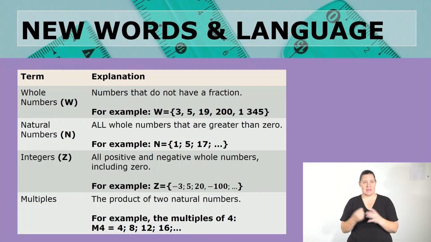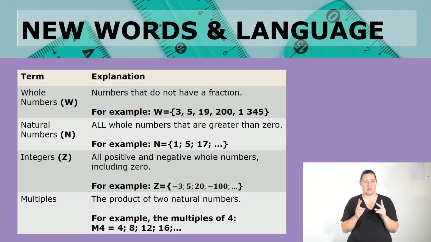Okay, let's look at the new words that we are going to be using in this lesson. Whole numbers. And remember, the symbol for whole numbers is a W. These are numbers that do not have a fraction. For example, 3, 5, 19, 200, or 1,345. Of course, there are many more numbers. Natural numbers.